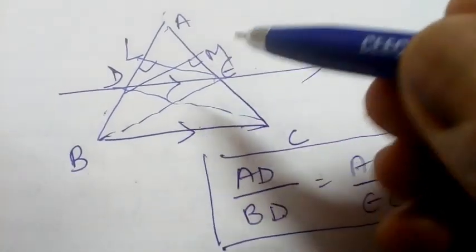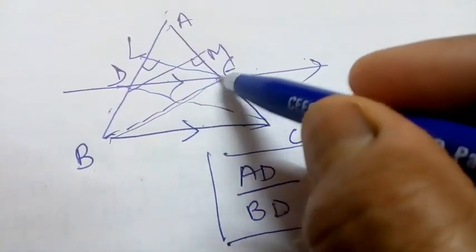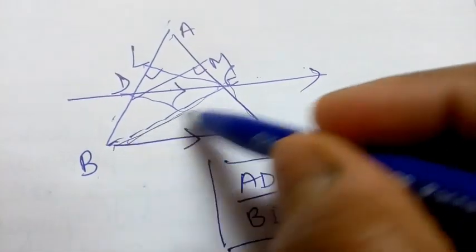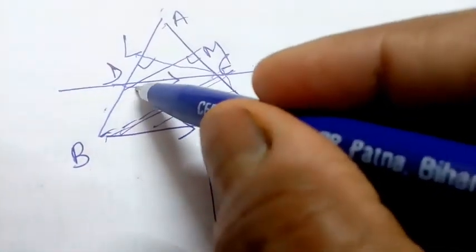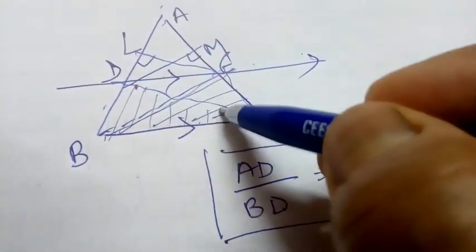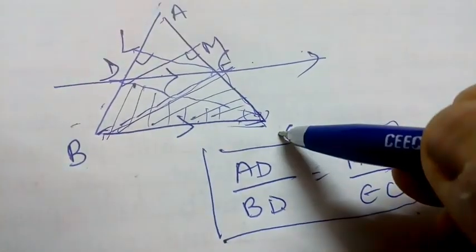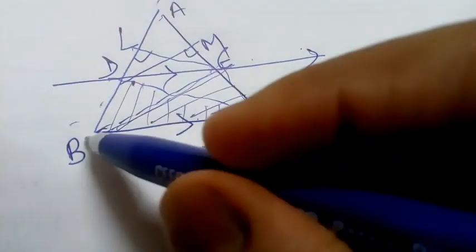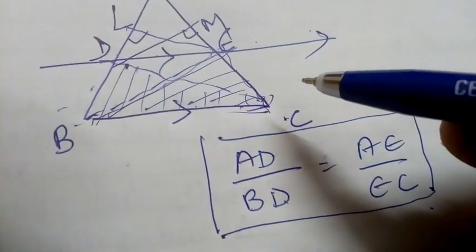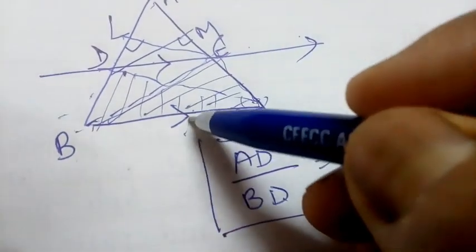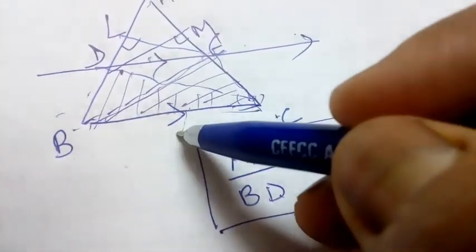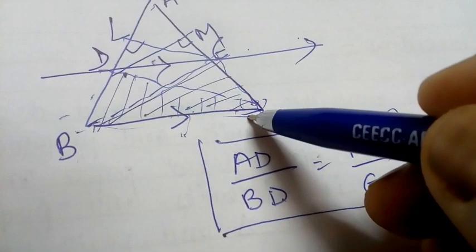Now the proof. In triangle BEC, area of triangle BEC equals area of triangle BDC, because these two triangles lie between the same parallel lines and have a common base.